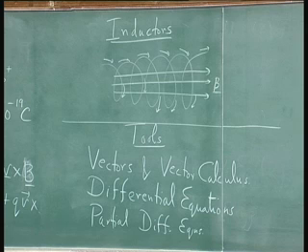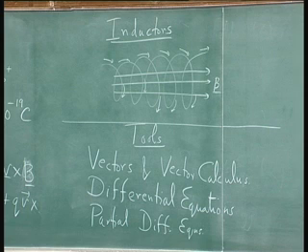Now, for the rest of the lecture, I am going to talk about some of the preliminaries, namely vector fields. So, when we talk about electricity and magnetism, we deal with certain kinds of quantities.